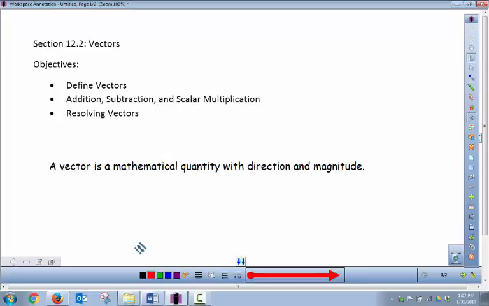So a vector is a mathematical quantity with direction and magnitude, and we usually denote it with a line segment that has a starting point and an ending point. In general, we put a bold point at the starting point, and then we put an arrow on the ending point. So this is our usual drawing of a vector.